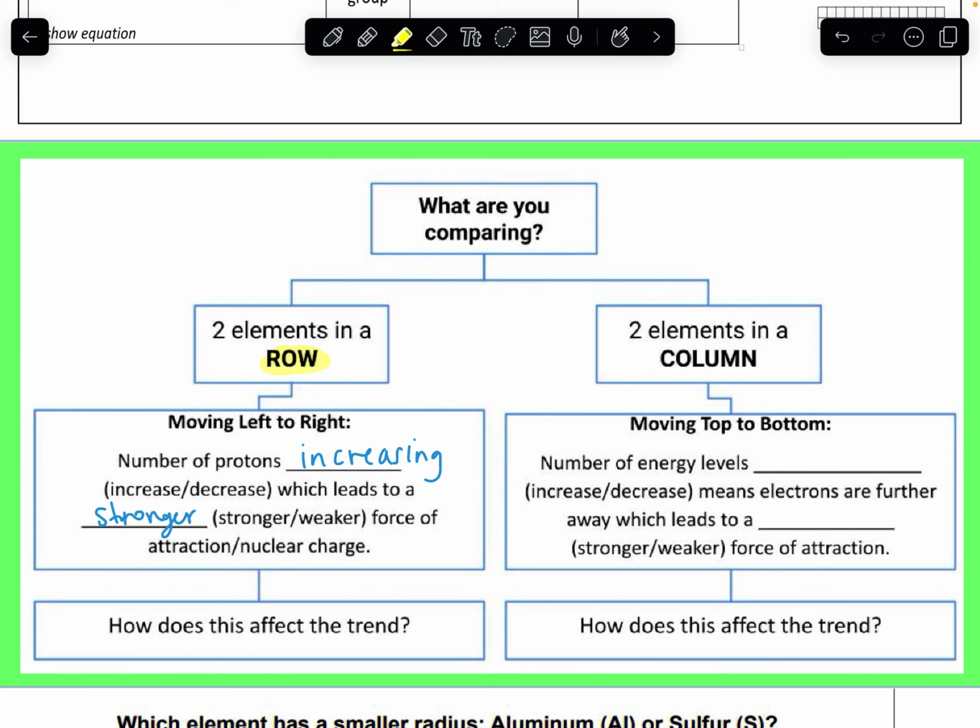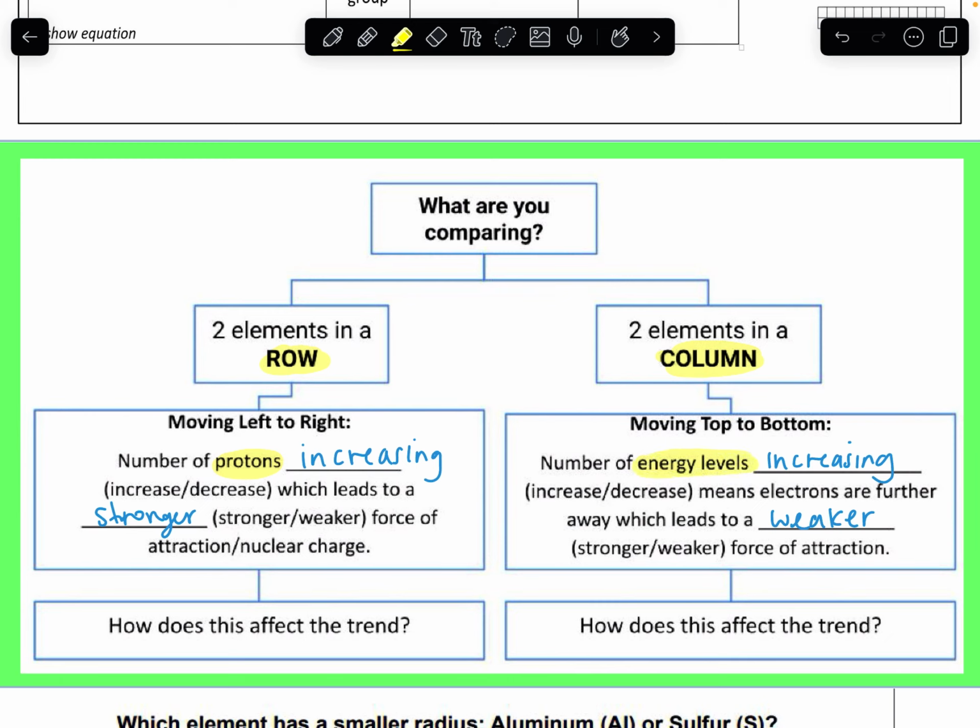If I'm talking about a column, then my number of energy levels is increasing. And that's actually going to mean a decrease or a weak force of attraction. Okay, so if we're comparing in a row, we're always going to compare protons. And if we're comparing in a column, we're only going to compare energy levels.